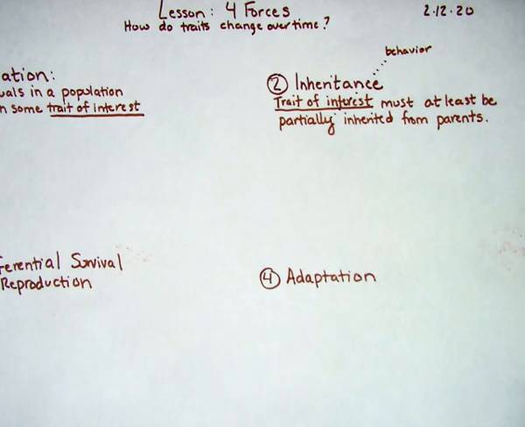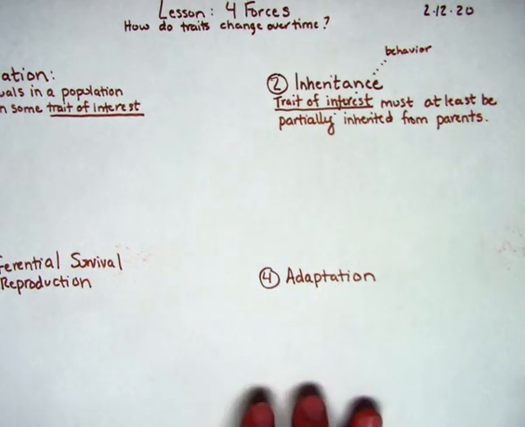But something like behavior, like group behavior, they're saying might be partially inherited. There might be some genetic elements to it, but then also some environmental influences on a behavior. But it has to at least have some kind of partial inheritance. All right, we good so far?